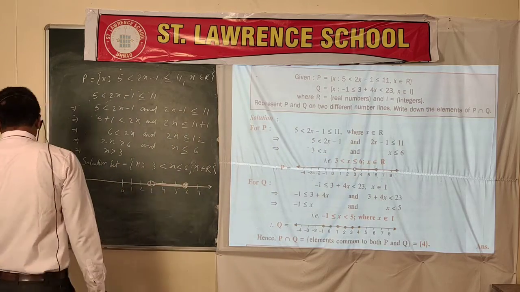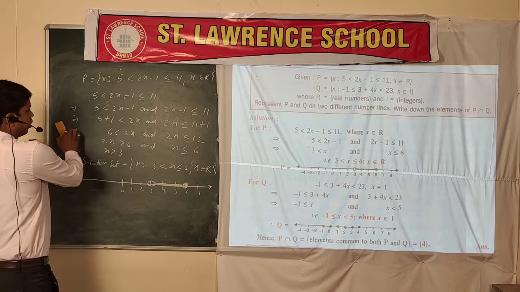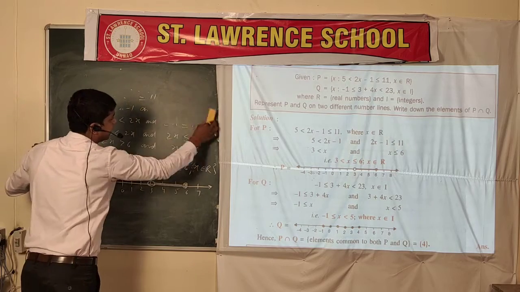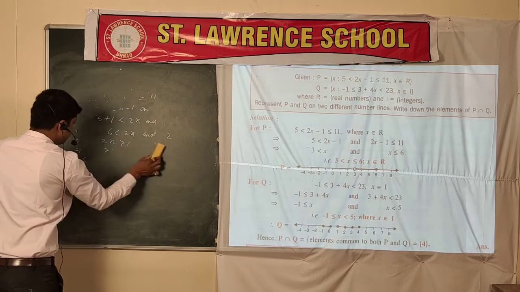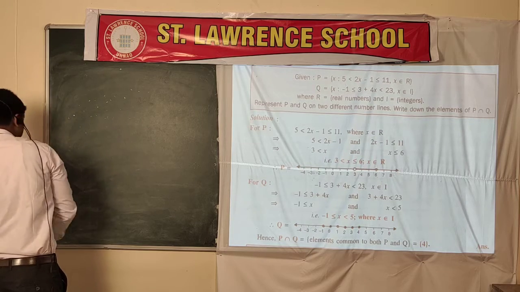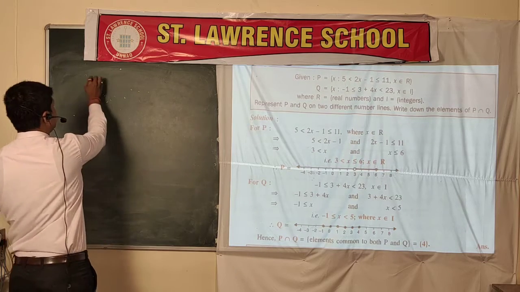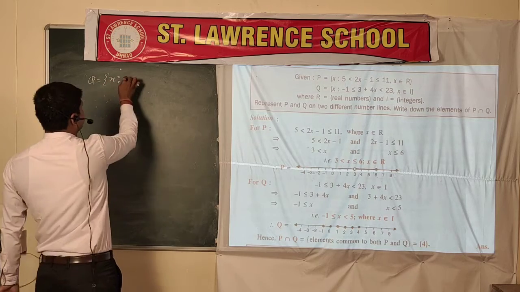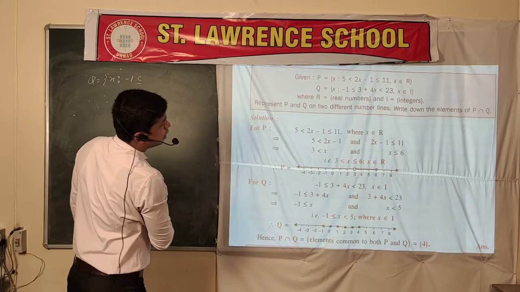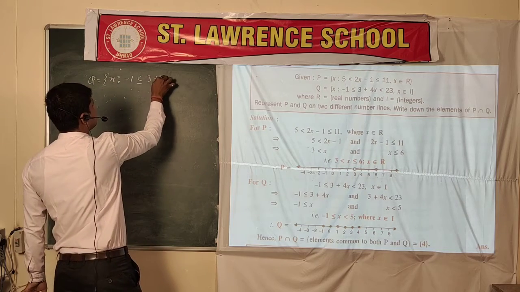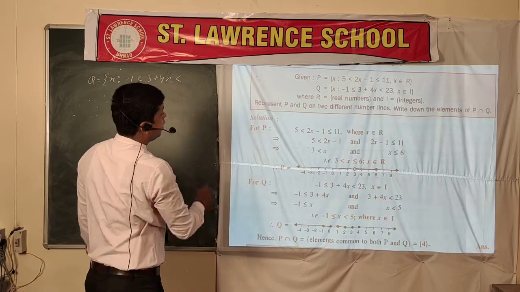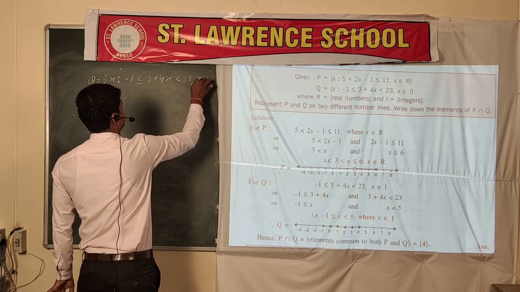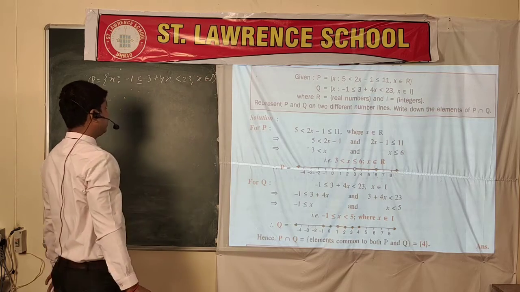Now I will solve the inequation Q for you all. The inequation Q is written on the screen. I will copy here. Q is equal to X is such that minus 1 is less than or equal to 3 plus 4x, less than 23, and X belongs to integers.